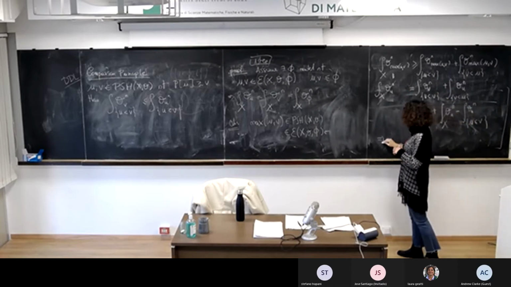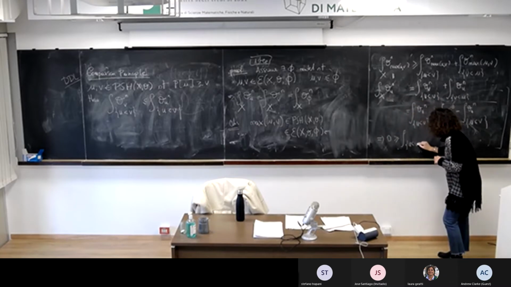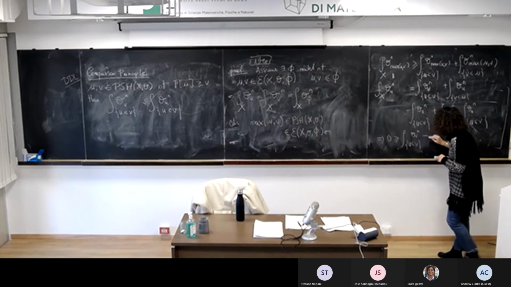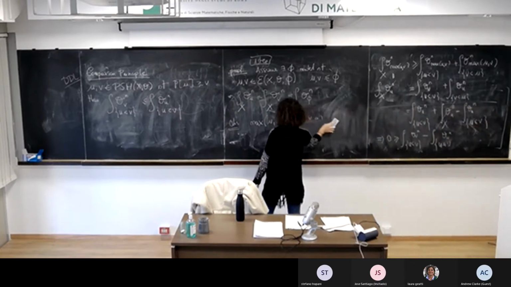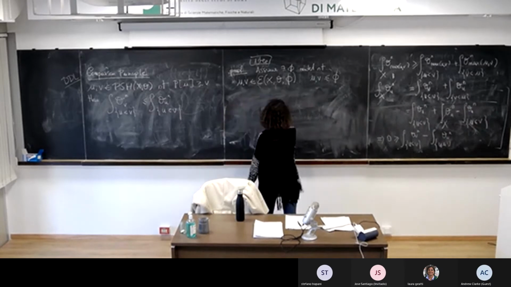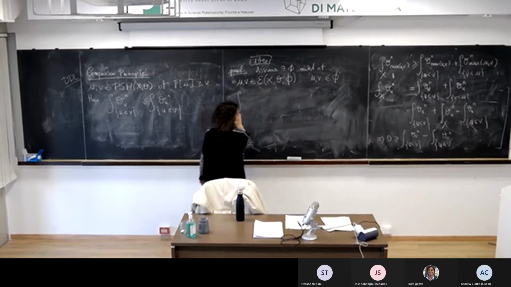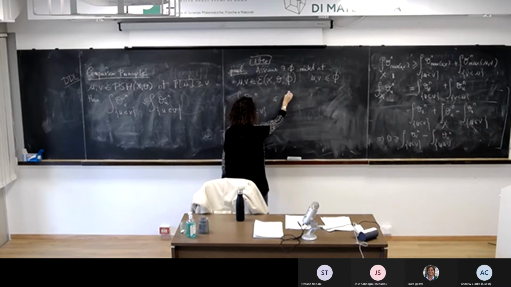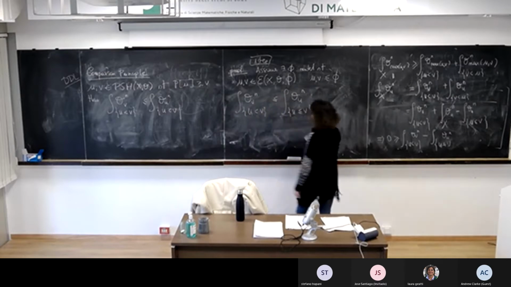So you got that 0 is greater or equal than the integral over U less than B of theta B to the power n minus the integral over U less than B of theta U to the power n. I'm just rewriting this inequality. This means that the integral of theta B to the power n over U less than B is less or equal than the integral of theta U over U less or equal than B. Right?